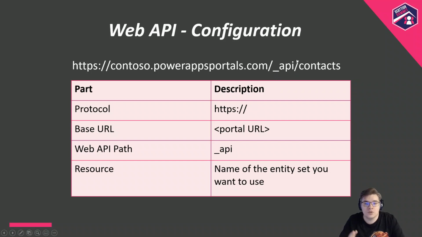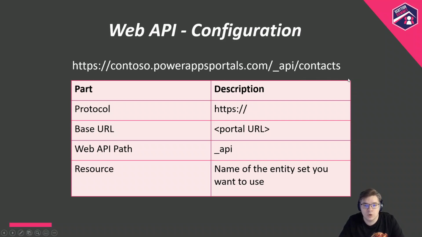Now, if you use Dataverse API, you might notice that this one is a bit different because we are not specifying the version of the Web API. For now, there is no documentation or any rumors that this will be changed to be similar to the current Dataverse Web API, and I think this approach is much cleaner, as you don't need to remember a specific version. And last, you need to provide the name of the resource.